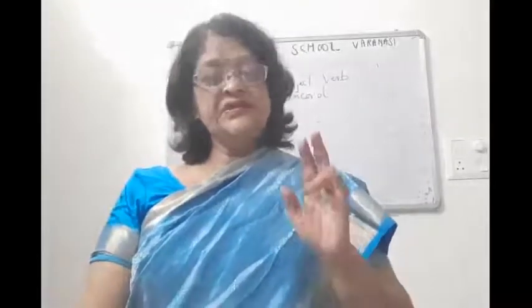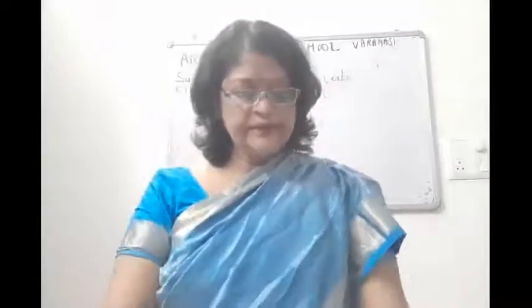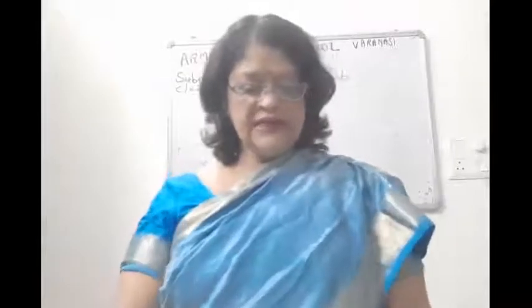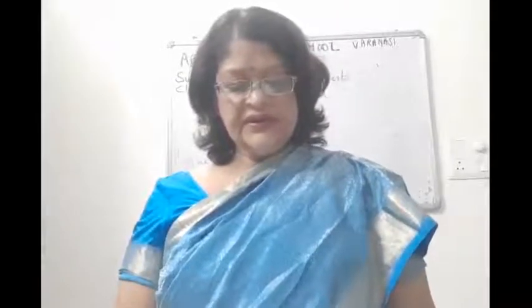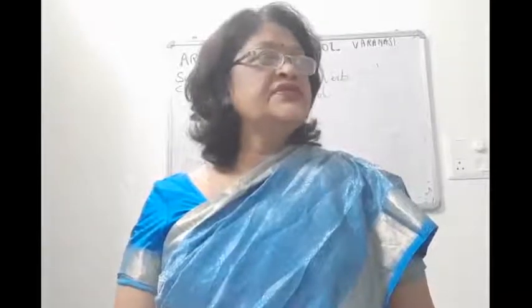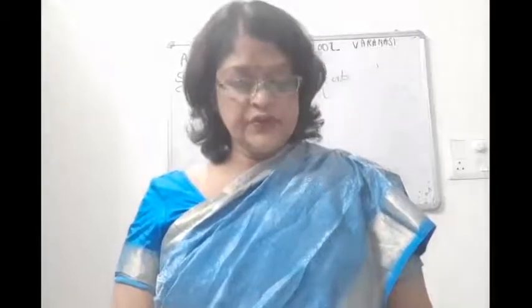It is plural, so we will use a plural verb. Neither food nor clothes were available. That means if two subjects are joined by neither nor, either or, the verb agrees with the later noun.